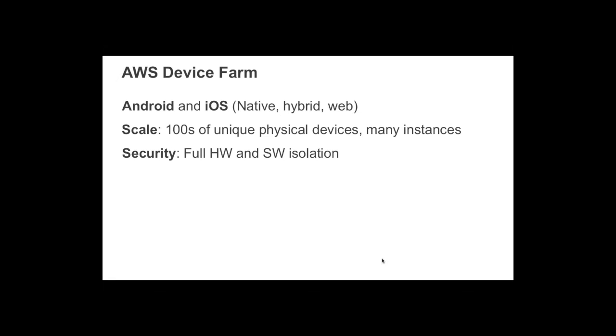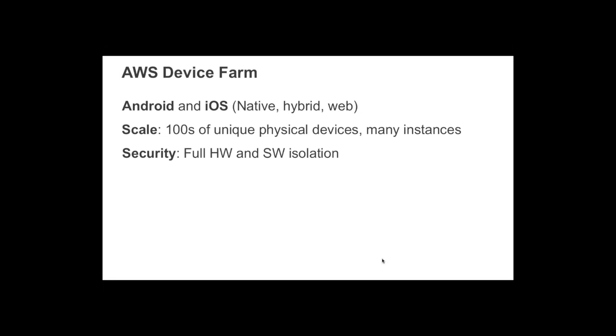And then this also pertains to the software side. So when a device is running your tests and a host machine is executing your tests against that device, that host machine and that device have no way of communicating with another device host, another machine that's running your tests. And that includes both the software level and the network level.